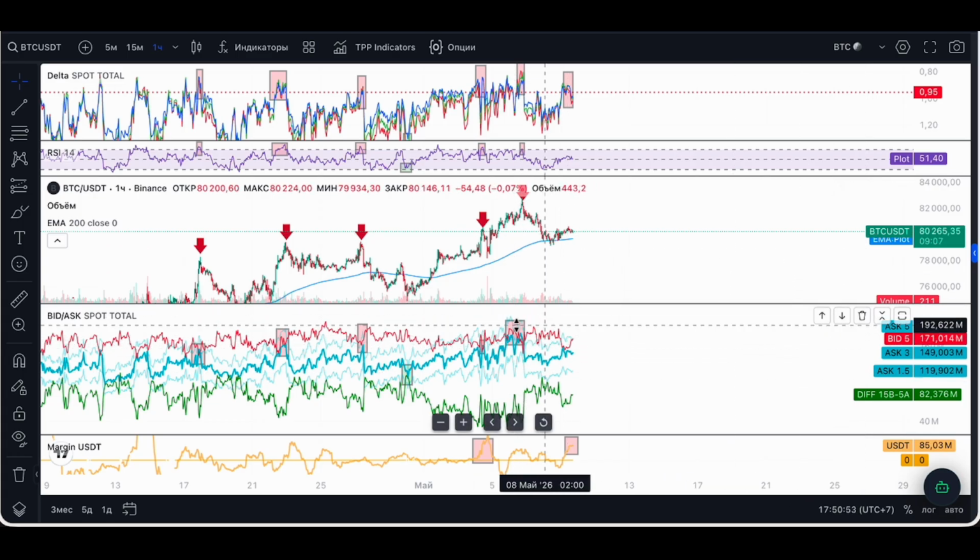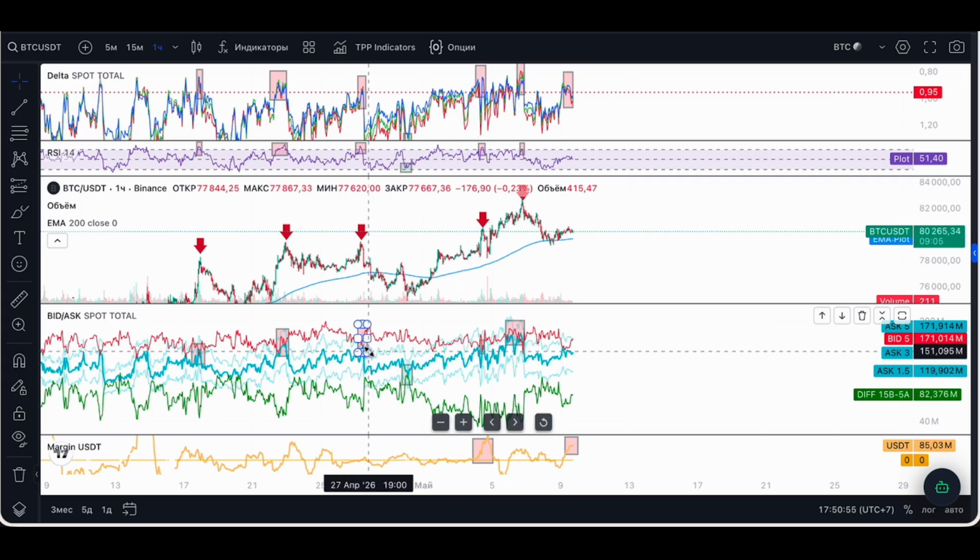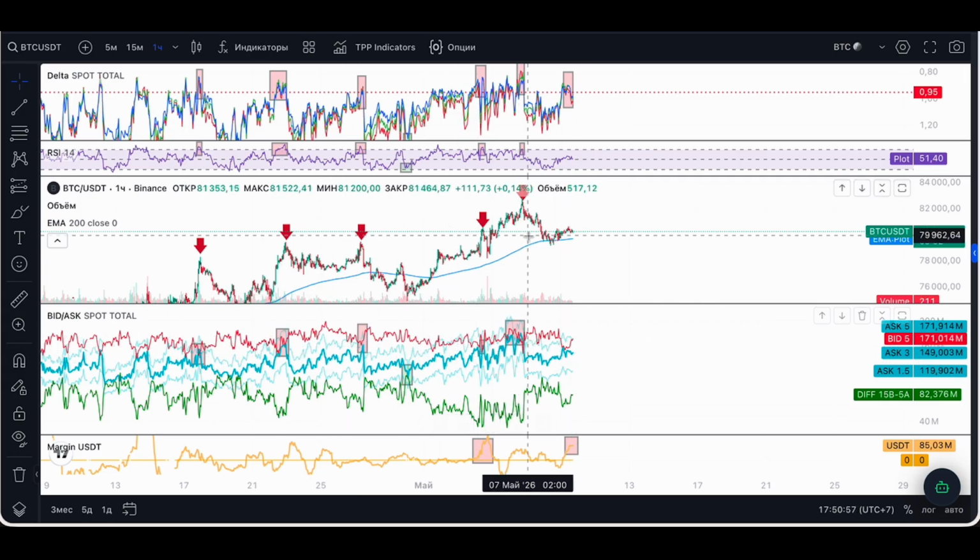And when this happens, historically I found that the market tends to turn around and go short, going down.